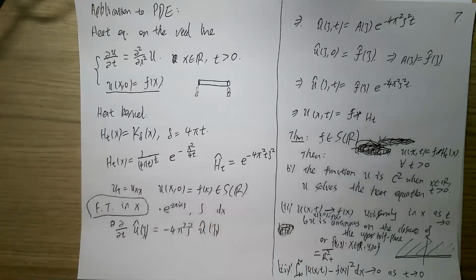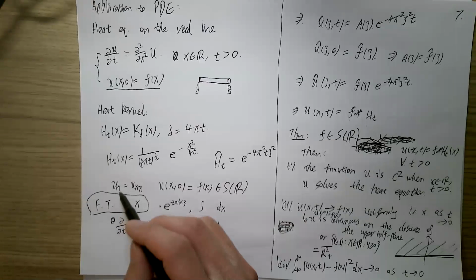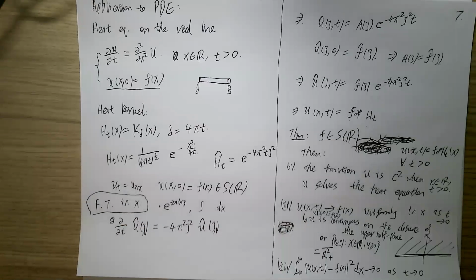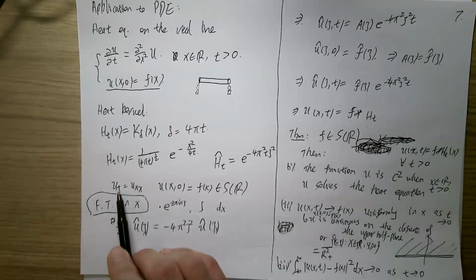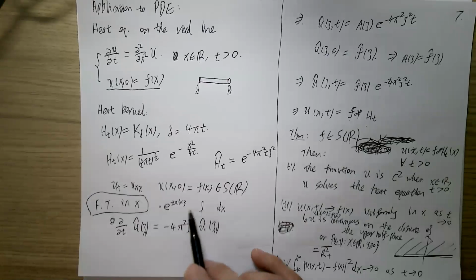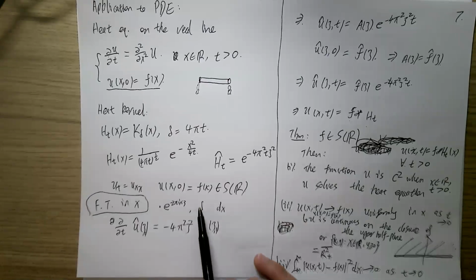Since we assume that u is a very smooth function with very good decay, we can exchange the integral and take partial t outside of this integration.